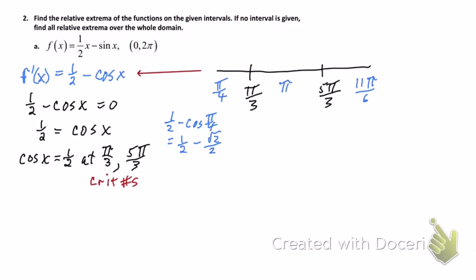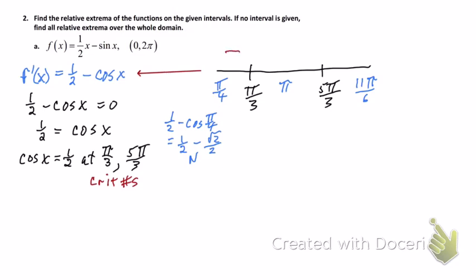Which is bigger, 1 as a numerator or the square root of 2 as a numerator? Square root of 2, because it's 1.4 something. So I'm subtracting a bigger number from a smaller number, so that means I'm getting a negative result, which means negative slope.